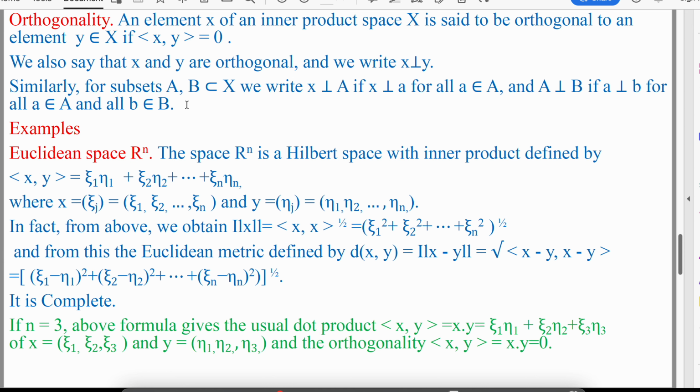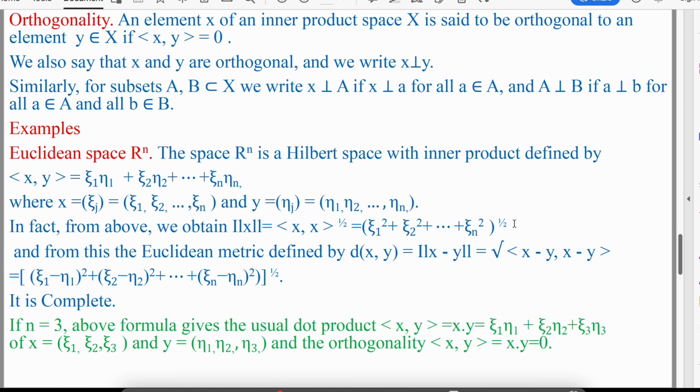The Euclidean space Rn is a Hilbert space in which we define the inner product as xi1 eta1 plus xi2 eta2 plus up to xi n eta n, where x is equal to (xi1, xi2, ..., xi n) and y is equal to (eta1, eta2, ..., eta n). In fact, norm x is equal to the square root of the inner product of x with x, which is equal to the square root of xi1 square plus xi2 square plus up to xi n square.